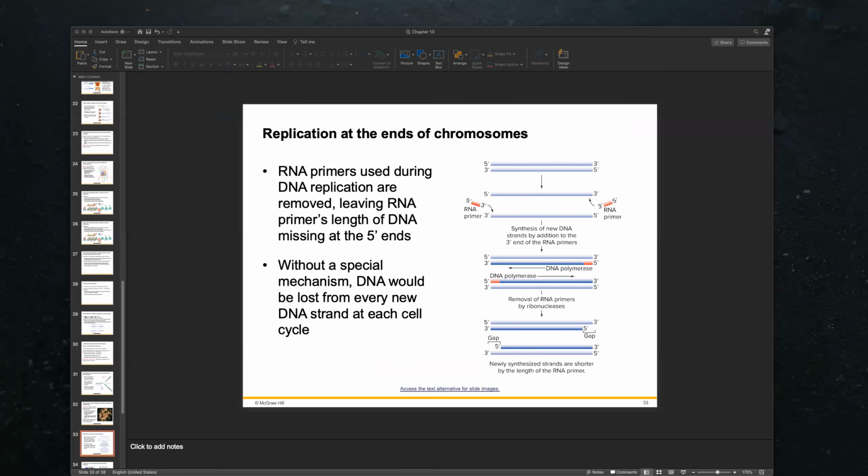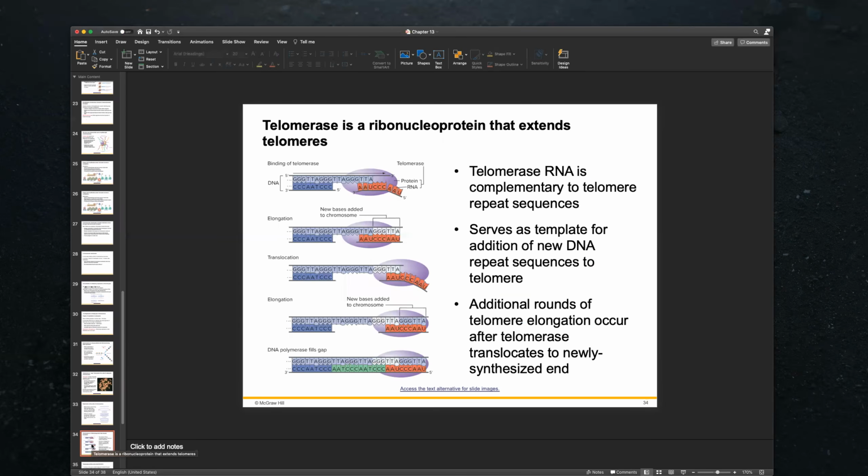So then it's going to explain why. Telomerase is basically the enzyme that works to extend the length of the telomeres.